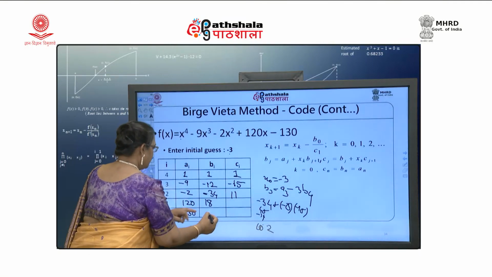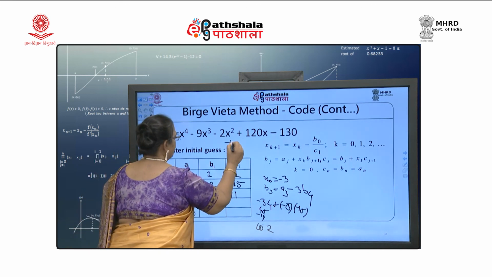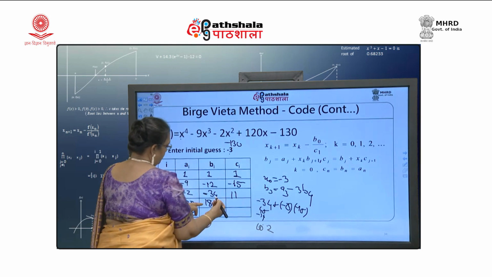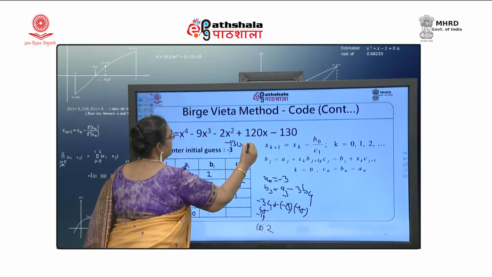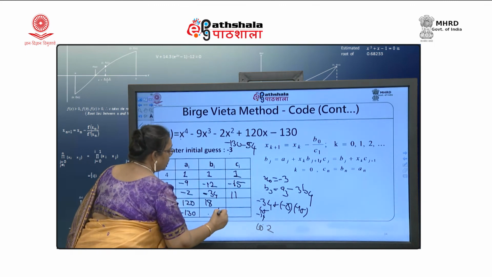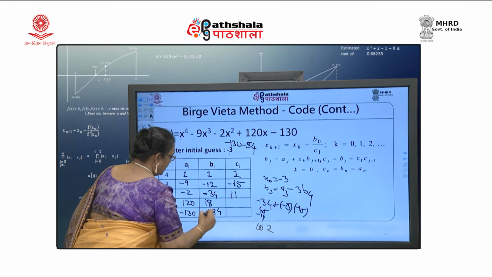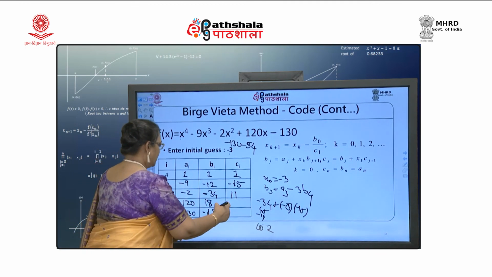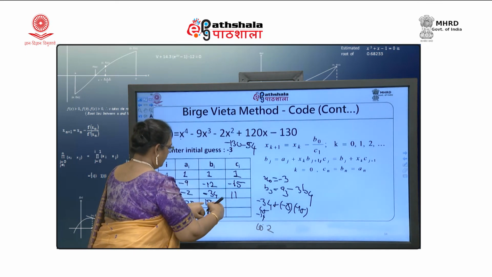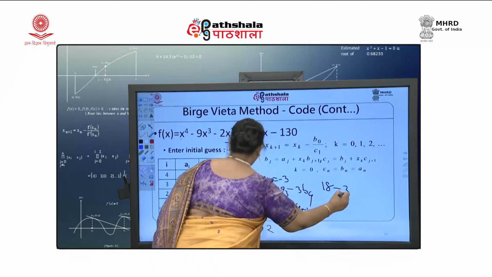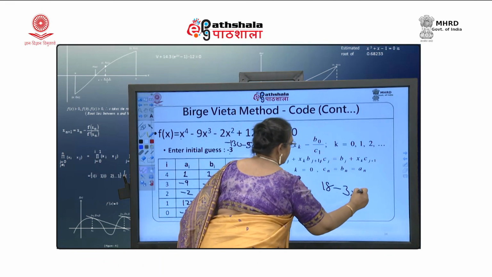And finally, b0 will be a0, that is minus 130, plus minus 3 into 18. So, minus 54, and so the answer is 184 with a negative sign. And similarly, let us calculate c1. c1 will be b1, that is 18, plus minus 3 into 11.